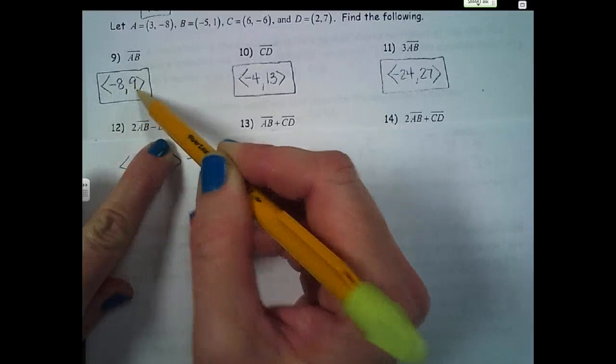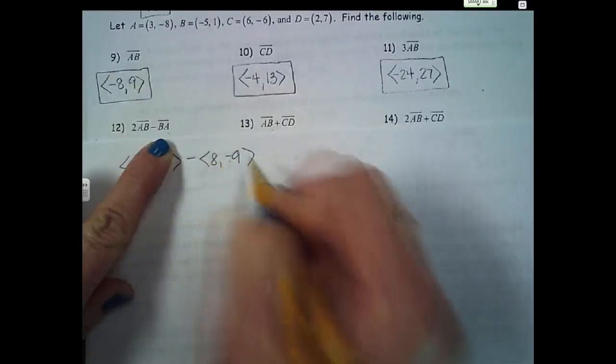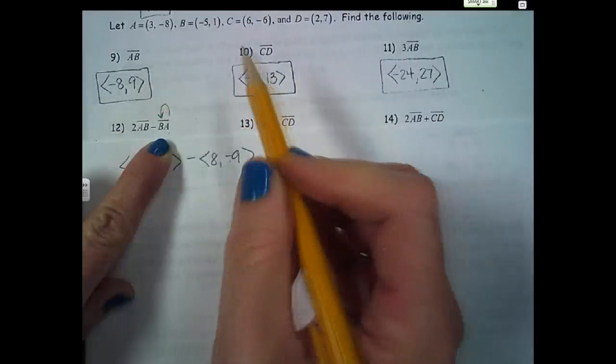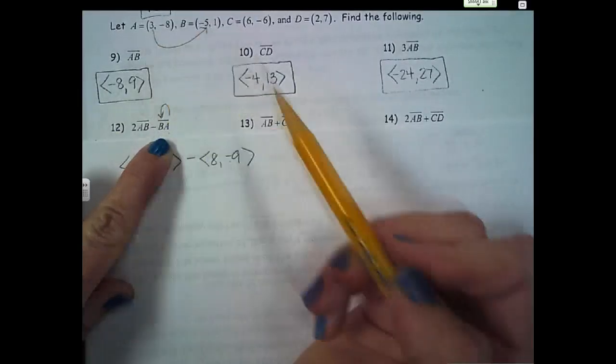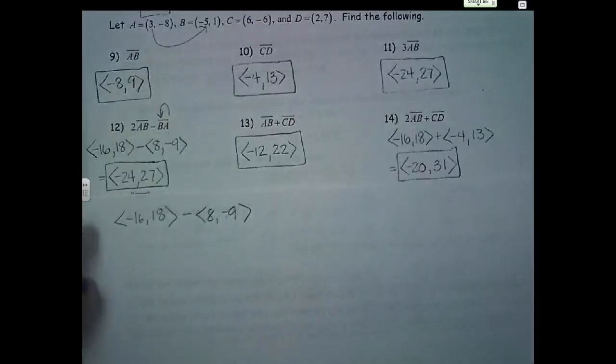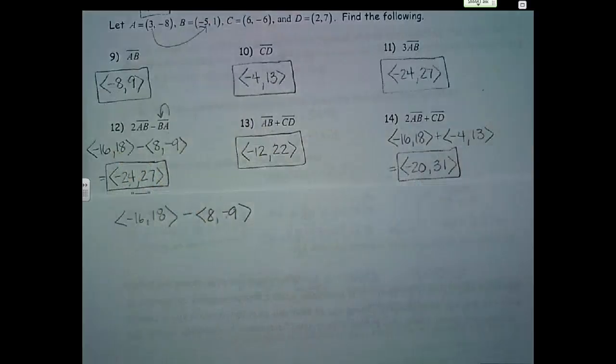So this becomes 8, negative 9. Or if you want to do the math, you go backwards and subtract this way. It's A minus B. So negative 16 minus 8 is negative 24, and 18 minus negative 9 is 27. That's where that comes from.